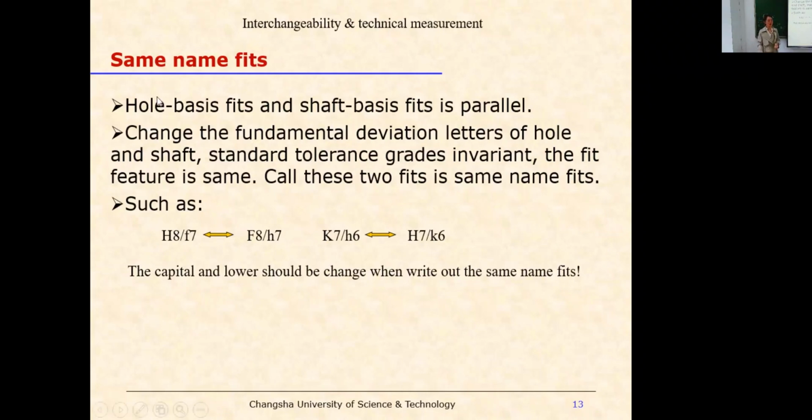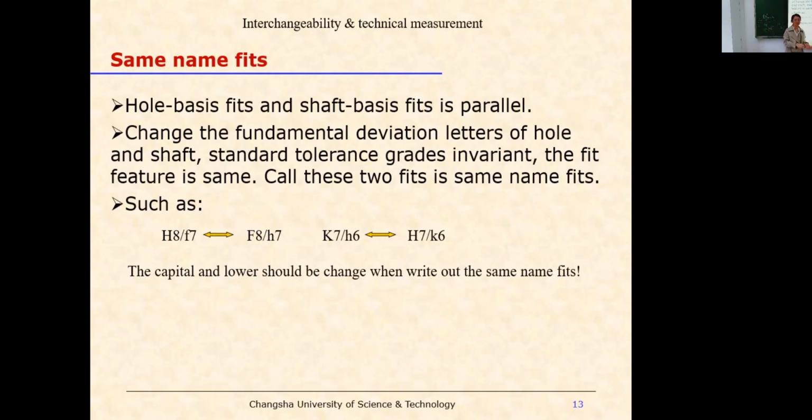This means when you choose this tolerance or that tolerance, the parts are the same. Same means they have the same clearance.